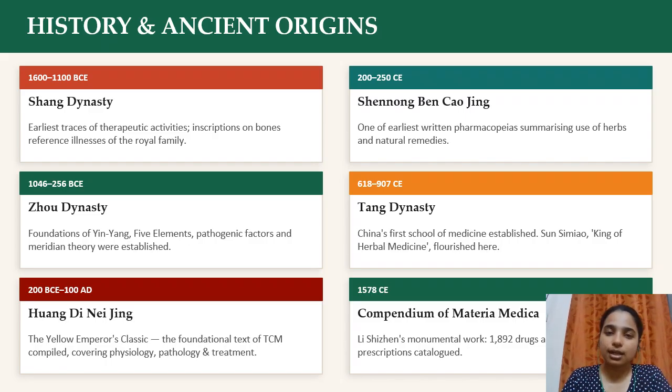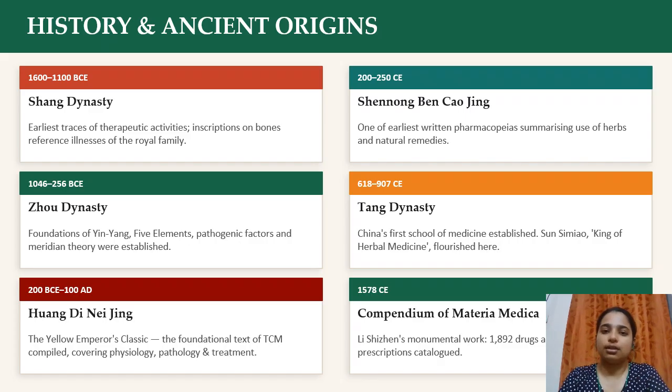It is also known as the Yellow Emperor's Classic, and it compiles pathology, physiology, as well as the treatment which is used in Chinese system of medicine. So you can see the dates 200 BCE to 100 AD. So that is from before Christ, we have shifted to Anno Domini or after Christ.